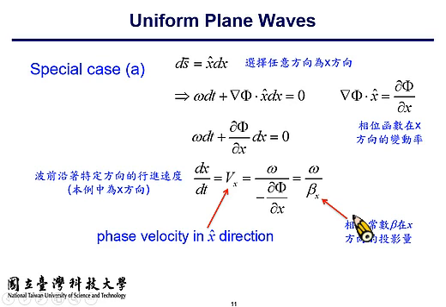So beta x is what? It is the projection of the phase constant beta along the x direction. Right?